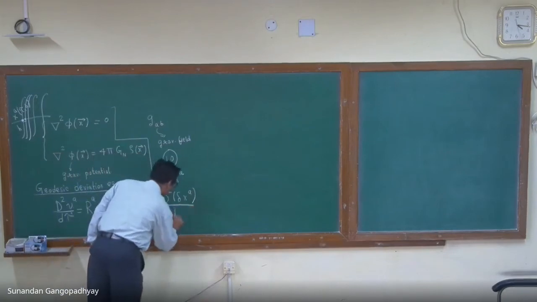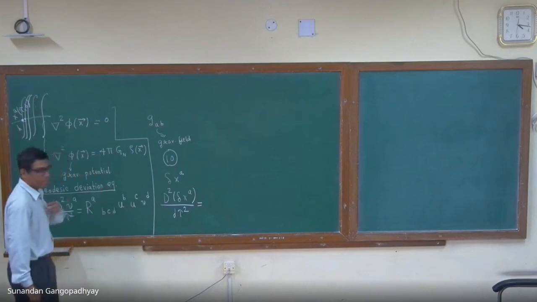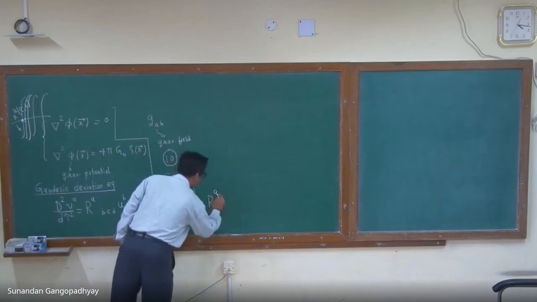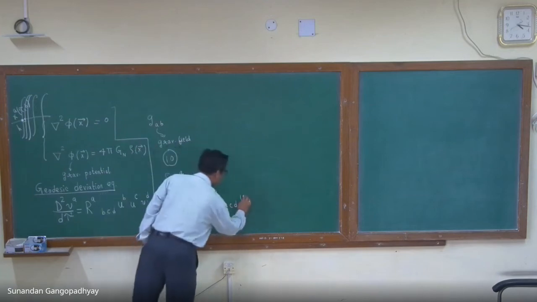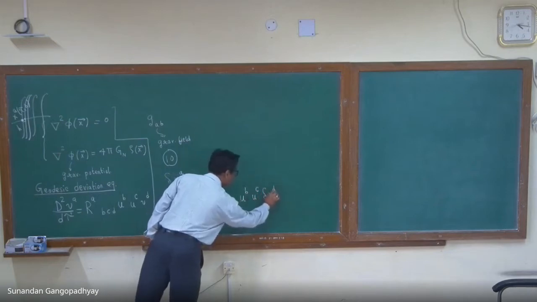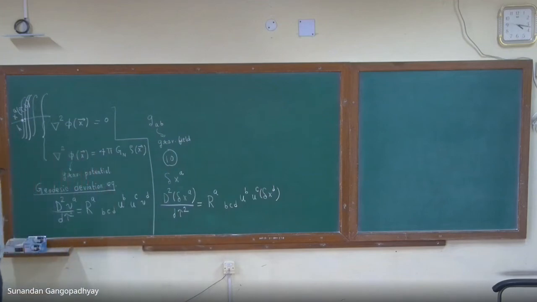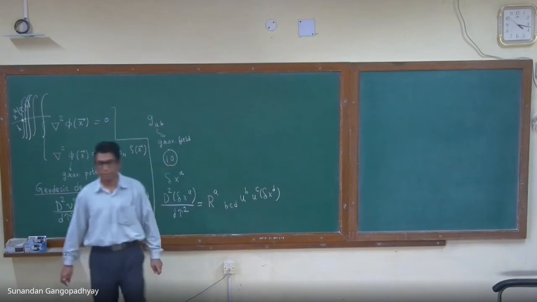So now just write it. What I'm doing is just replacing V^A by delta x^A. And this is equal to R^A_{BCD} u^B u^C delta x^D, because V^D is delta x^D.